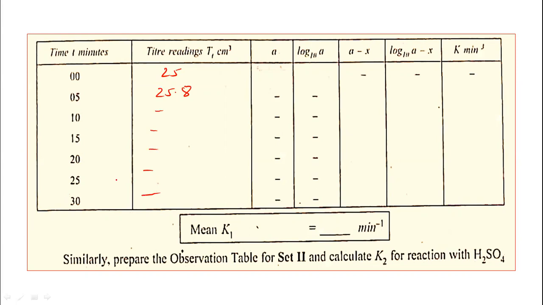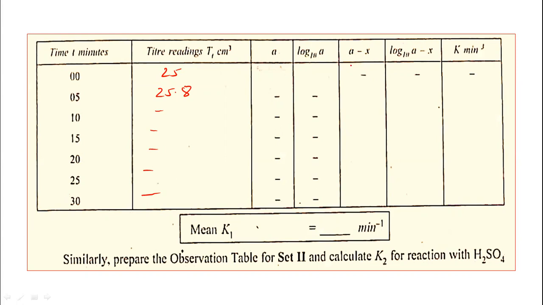Okay, then you can see here A minus X, where A is the initial concentration and X is the amount of the reactant reacted.